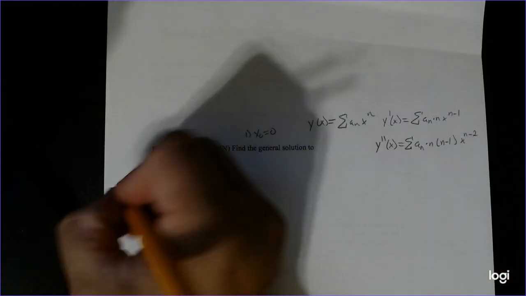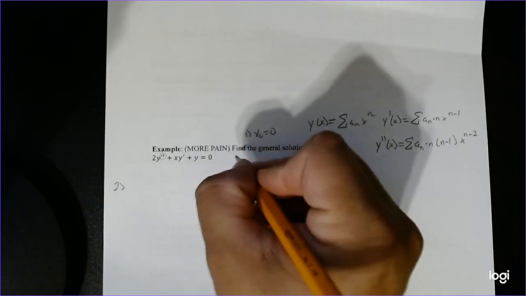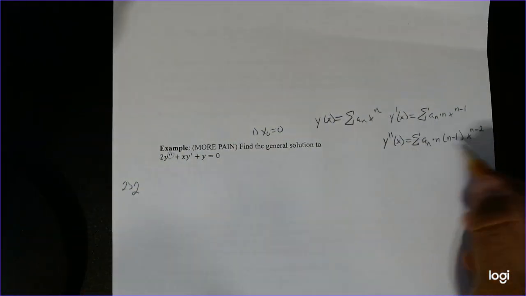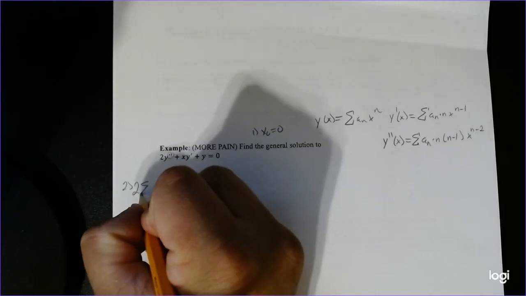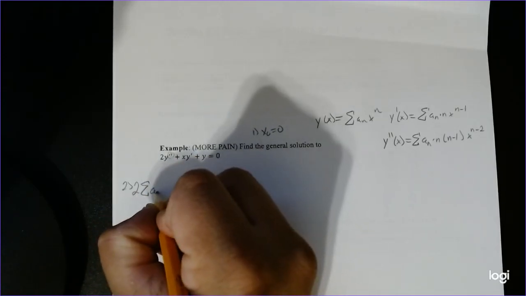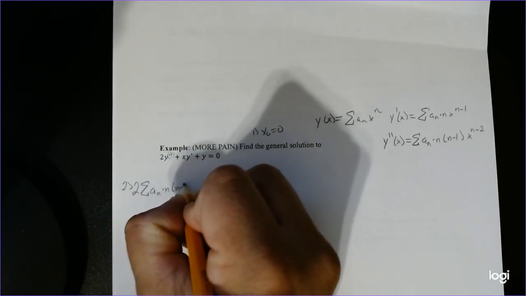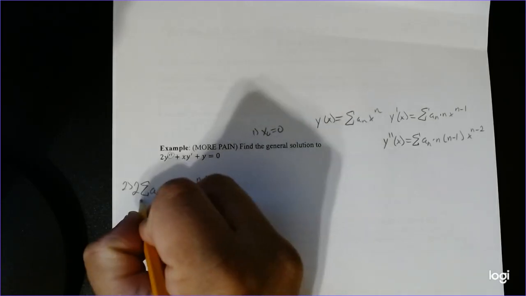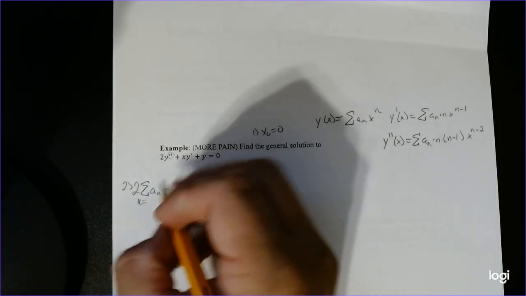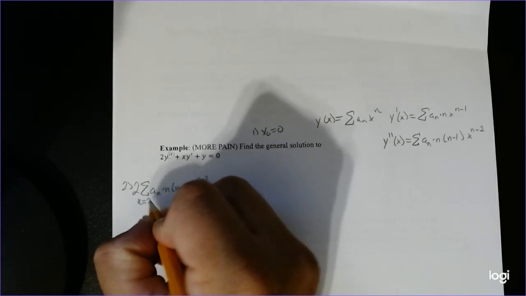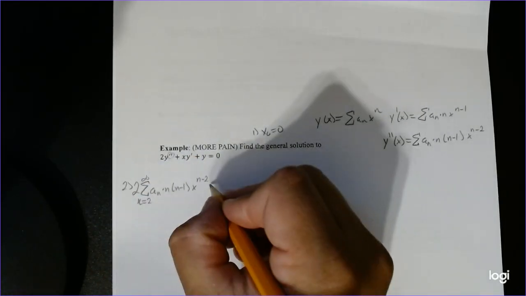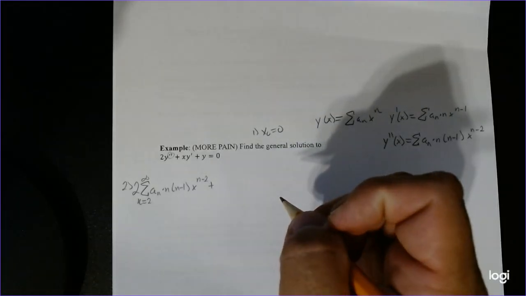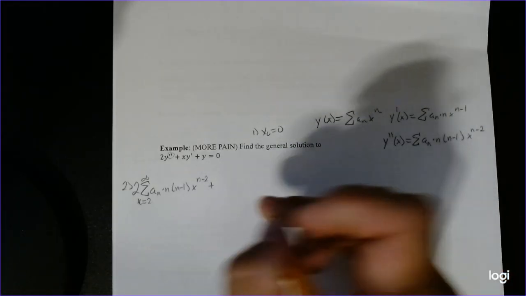All right, so now we go to step 2. Plug in everything we have so far here. So it's going to be 2 times y prime, so this sum. And yeah, I'll get rid of all of them. Okay, times this x. Should I put it in?